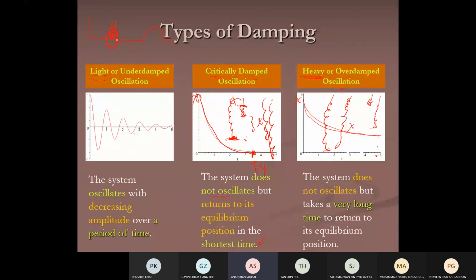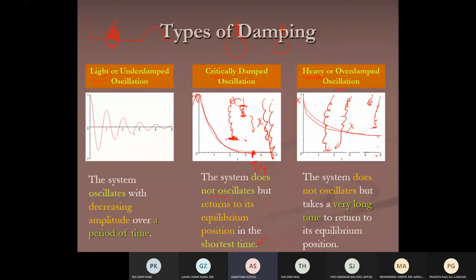You will have a damper at the side. The damper absorbs the energy and stops the tire from oscillating. When the car passes a speed trap, a hump, you go up, the spring will be compressed. When you come out, then the spring is going to oscillate.